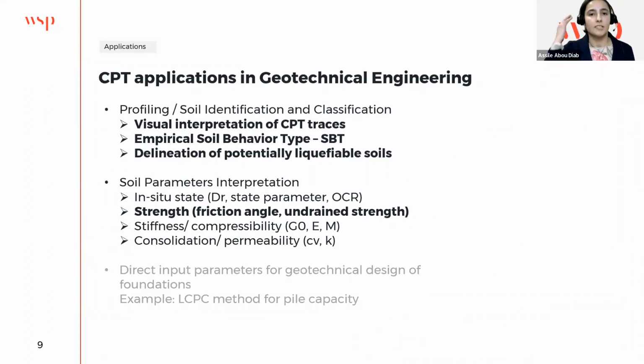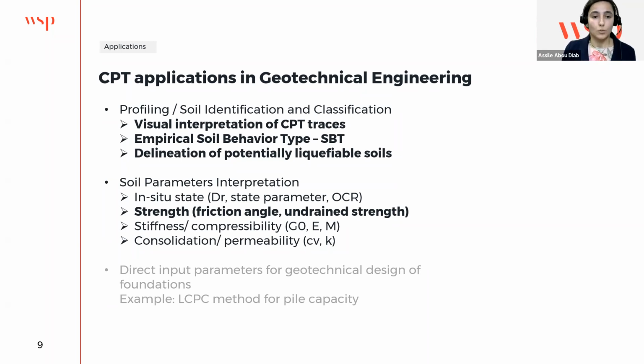The CPT applications in geotechnical engineering are plenty. From soil profiling, identification and classification, we can complete the soil profiling and identification just by visual inspection of the CPT traces, or we can use the empirical soil behavior type charts. Also, CPT can be used to delineate potentially liquefiable soils.